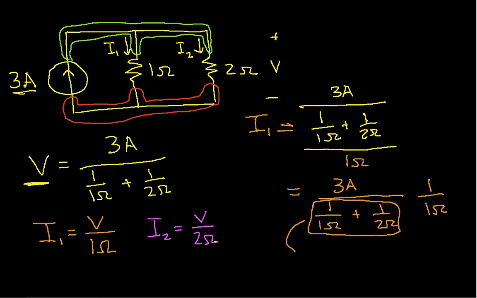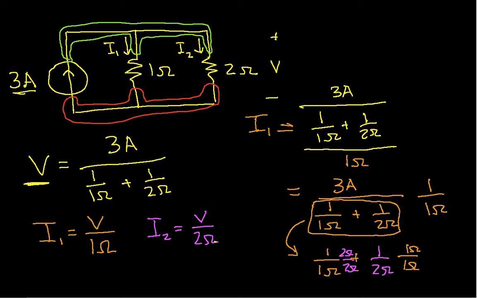So if I just look at these two, I have 1 over 1 ohm plus, we'll go back to the hot pink here to represent the 2 ohm resistor. Okay, so what I want to do then is multiply top and bottom of the 1 over 1 ohm by 2 ohms, and multiply top and bottom of the 1 over 2 ohms by 1 ohm.